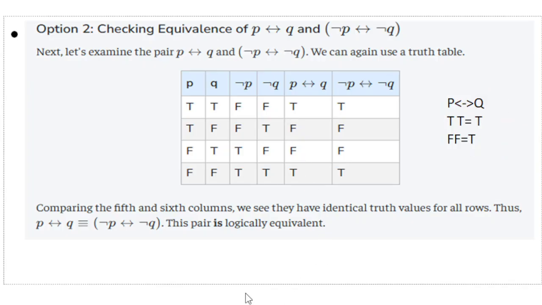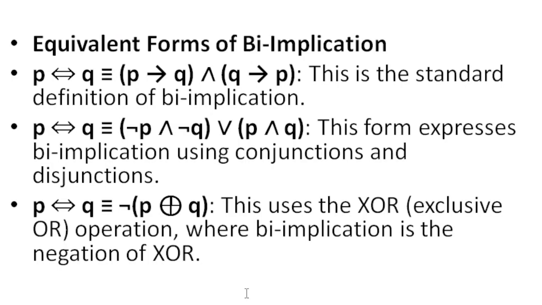Okay. Next, the other equivalent equations of biconditional. P biconditional Q is equal to P implies Q and Q implies P. This is one standard definition of biconditional. Another equation is P biconditional Q is equal to negation of P and negation of Q, or P and Q. Here there is an OR condition and an AND condition, but the negations are included.